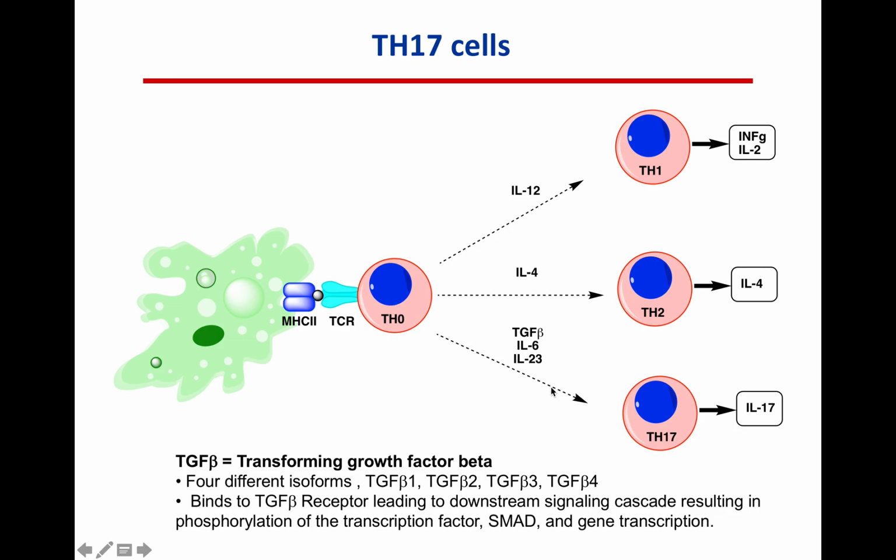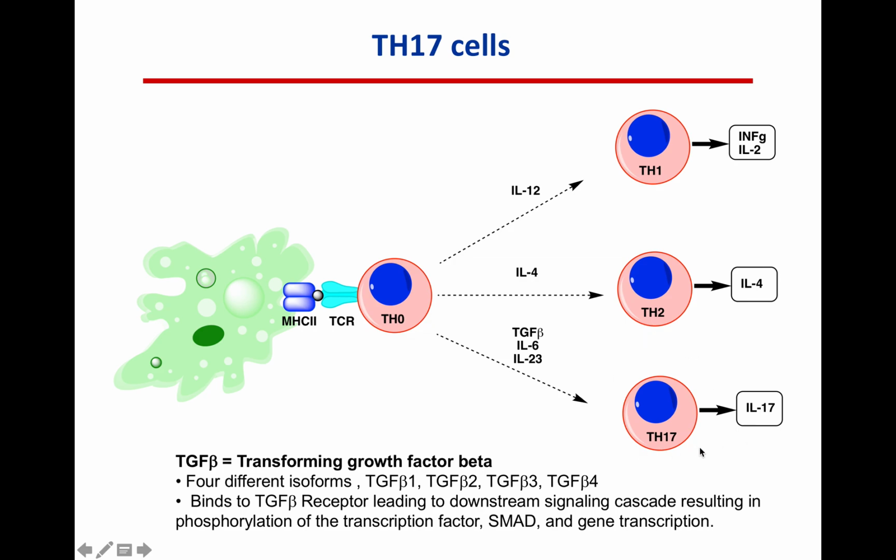And so if you have an inflammatory response, and these cytokines are produced in strong amounts, you will get a favoring of the Th0 cells, which are interacting with the antigen processing cells to transform into these Th17 cells.